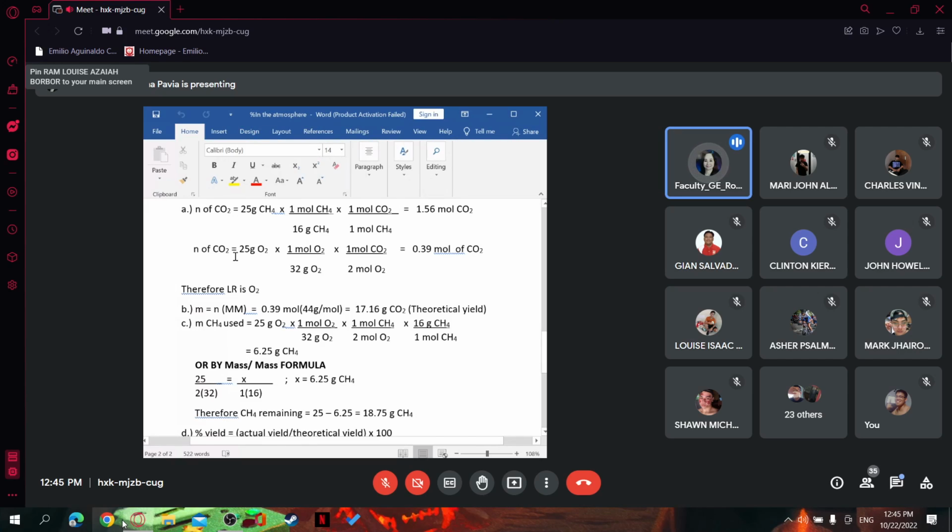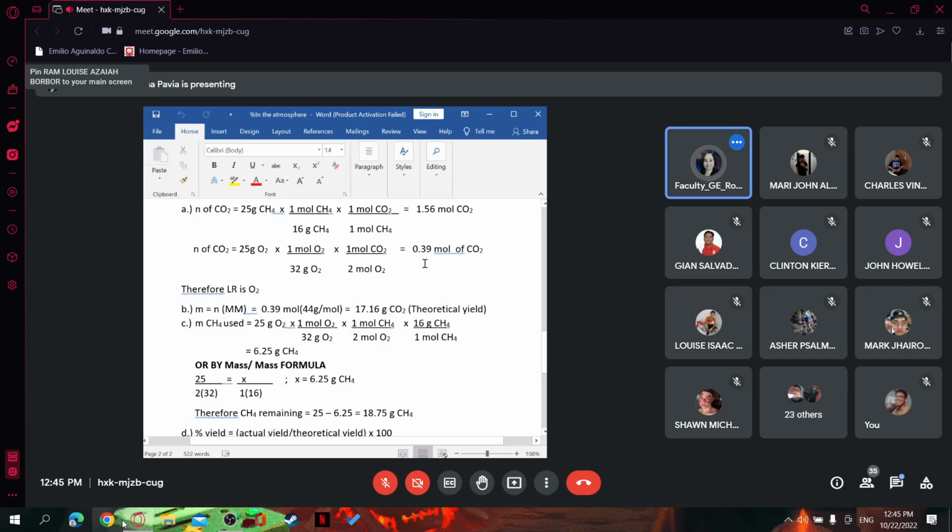And determine also the moles of CO2 kung gagamit ka ng oxygen as the limiting reactant. So, start with dimensional analysis. Basing on your equation, you will get 1.56 mole of CO2. Ngayon, pag oxygen naman, you will get 0.39 mole of CO2.